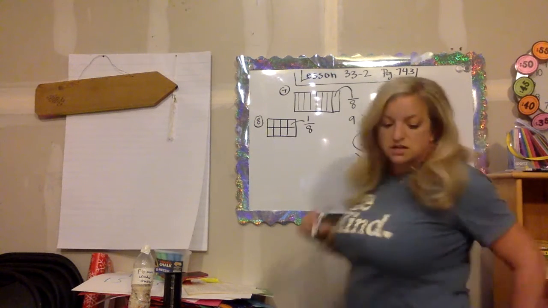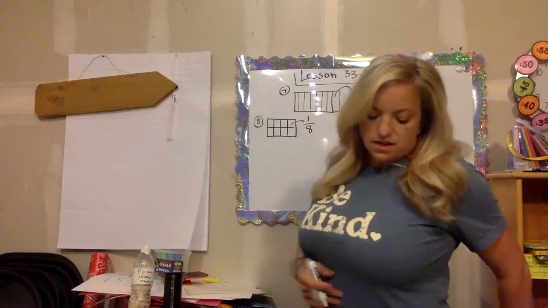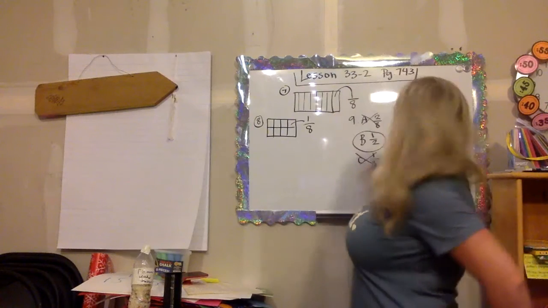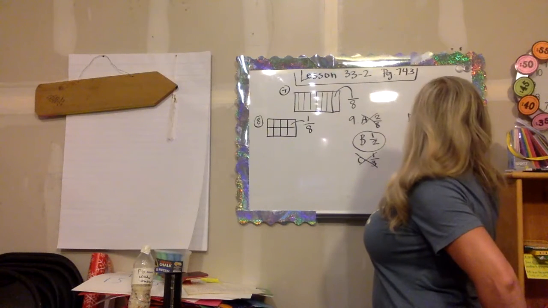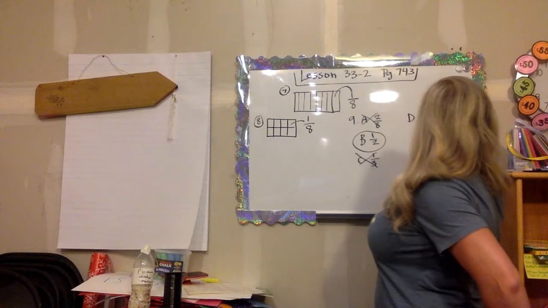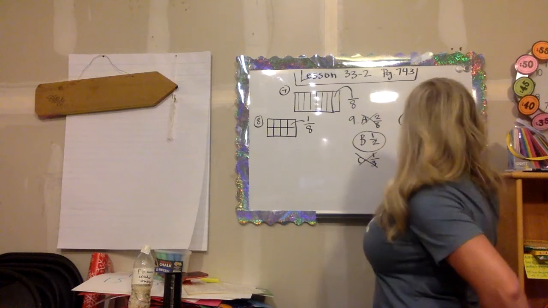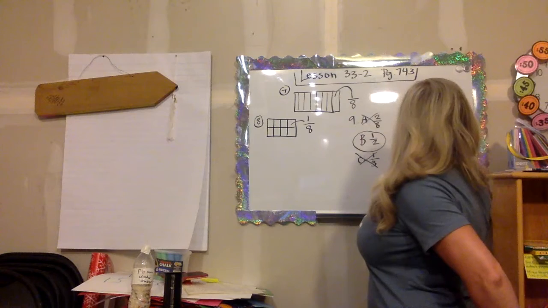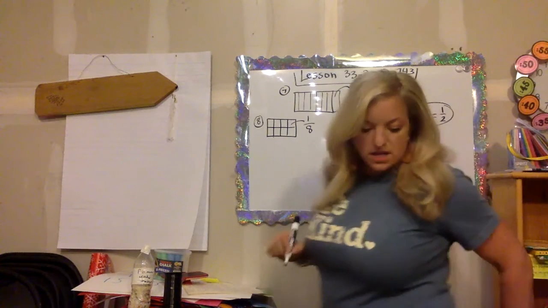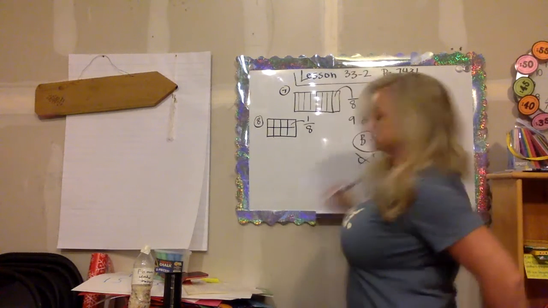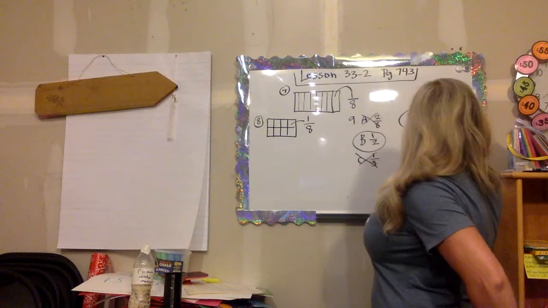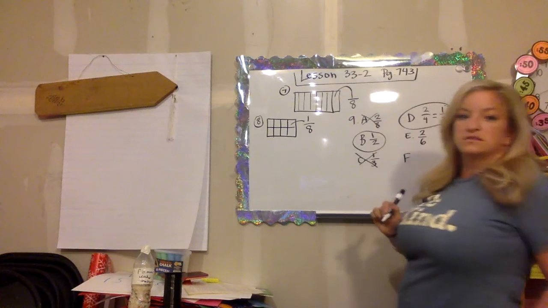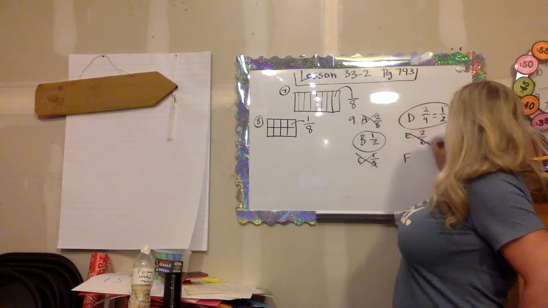How about D? D has 4 pieces and 2 are colored in, and we know that 2/4 is equivalent to 1/2, so D is correct. E and F. E has 6 pieces and 2 are colored in. 2 is not half of 6, so that is not correct.